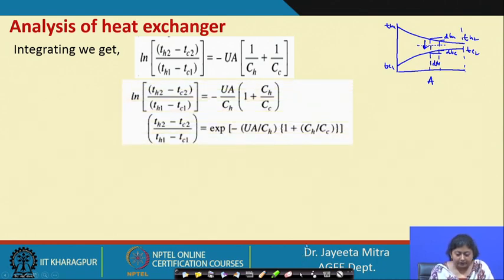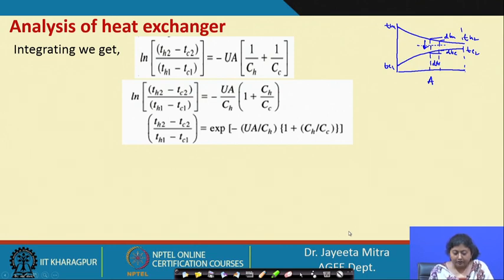Then we can take 1 by Ch common, so this will be 1 plus Ch by Cc. And on the left-hand side, Th2 minus Tc2 divided by Th1 minus Tc1 is equal to e to the power minus UA by Ch into 1 plus Ch by Cc.